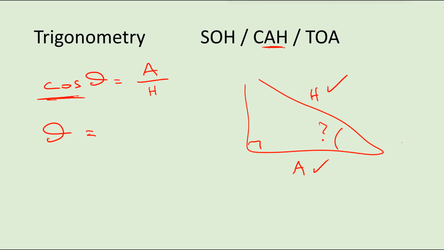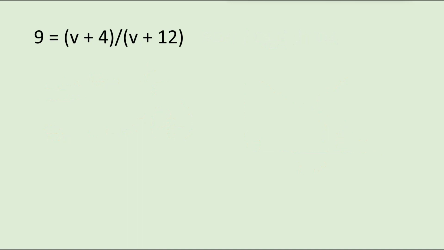The inverse, the opposite of cos, is, funnily enough, called the inverse cos of a over h. So there we go. We have rearranged the equation. Instead of cos theta equals a over h, we have the inverse cos of a over h to leave us with the angle theta.